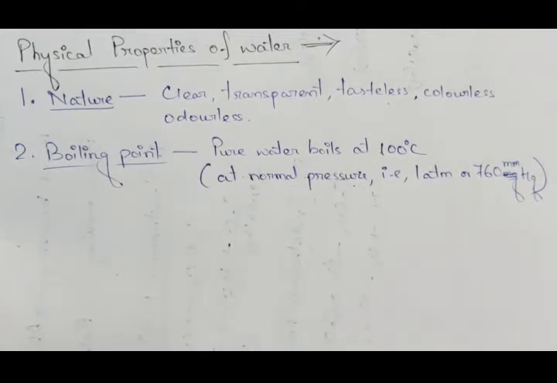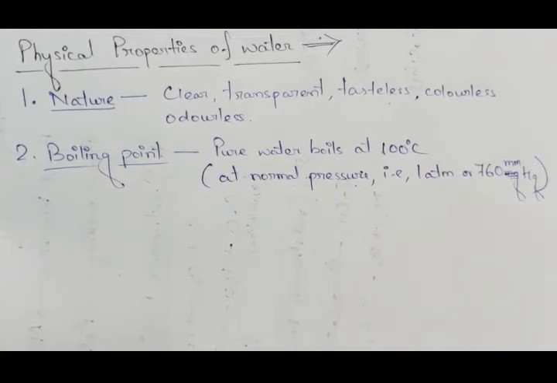So why are we emphasizing this pressure condition? This is because the boiling point of water is highly affected by the pressure. The boiling point of a liquid is considered as the temperature when vapor pressure is equal to the atmospheric pressure.